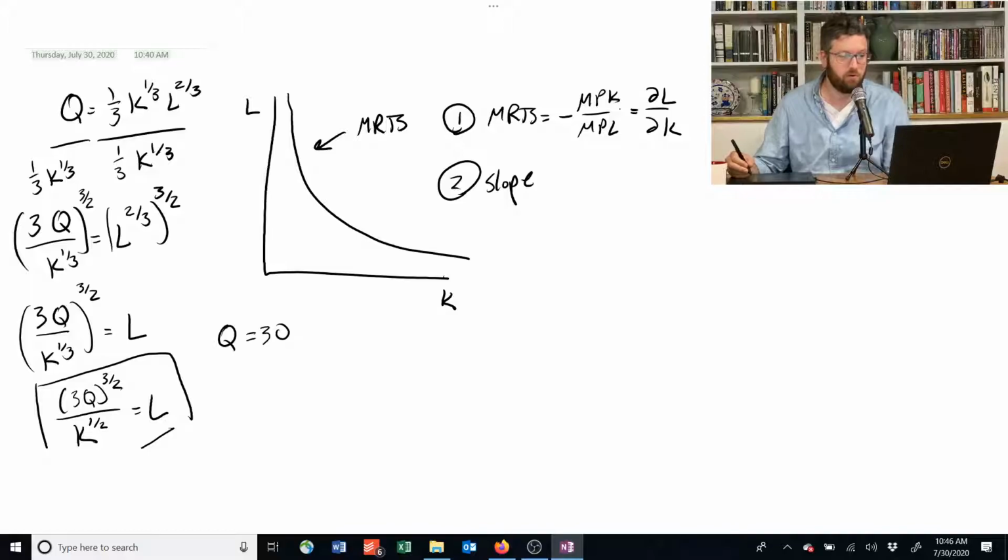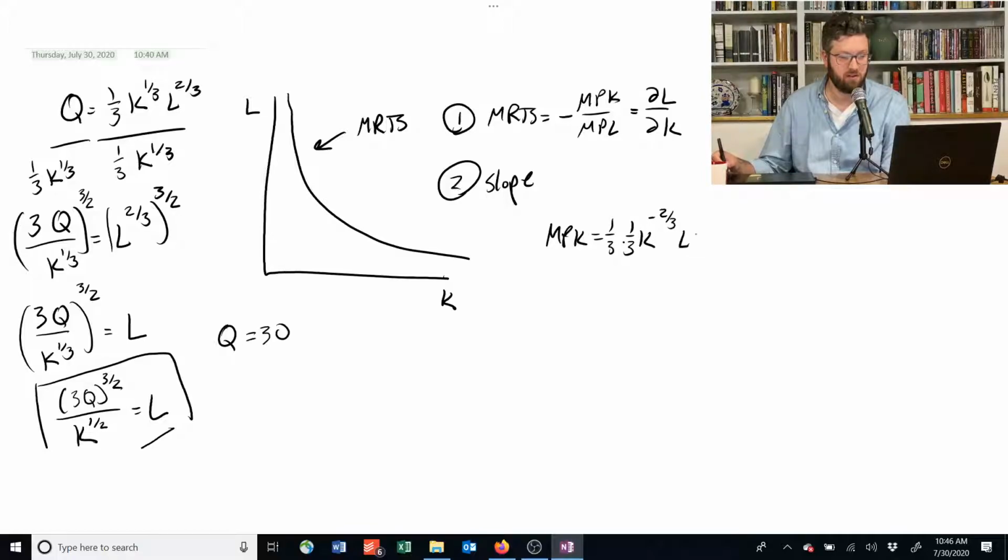Okay, so we can find the marginal product of capital over here by taking the derivative of this. We multiply 1/3 by the exponent on K, which is also 1/3. Then we subtract 1 from the exponent, and we end up with negative 2/3.